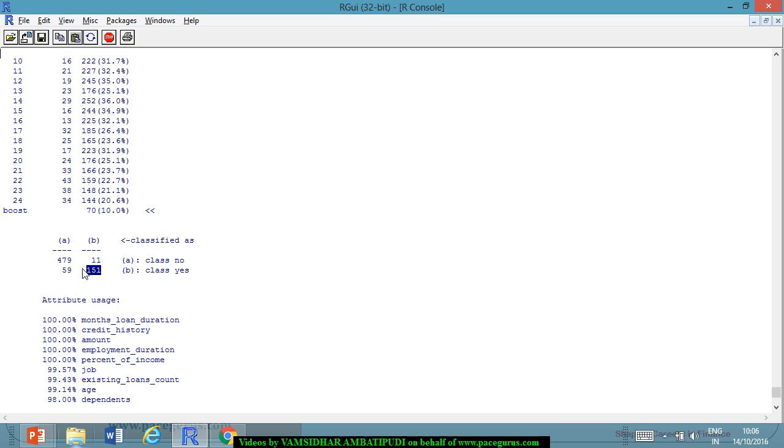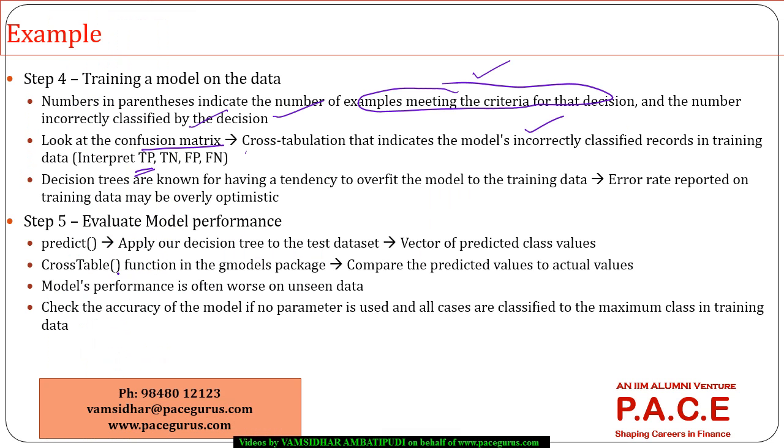So true negative, you have predicted as no, and it is no. Then we also have false positives and true negatives. True negative is this one, so both of them are no's.